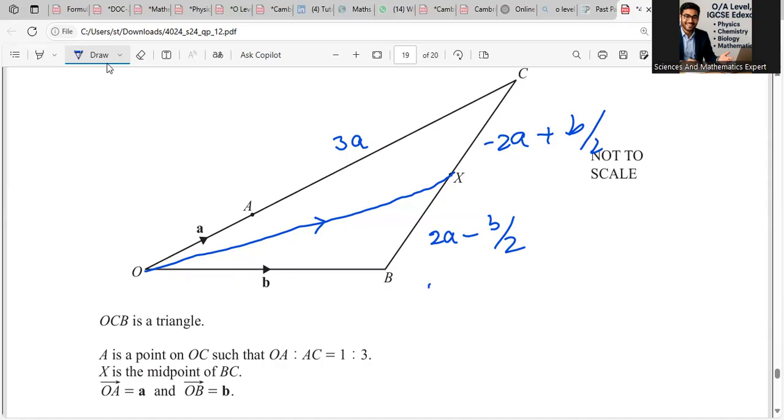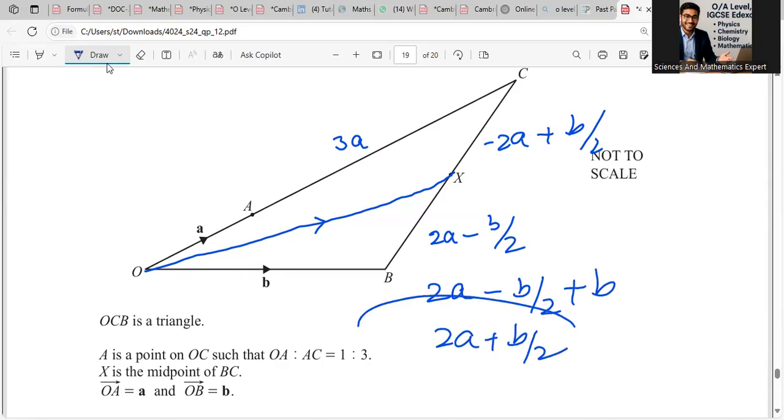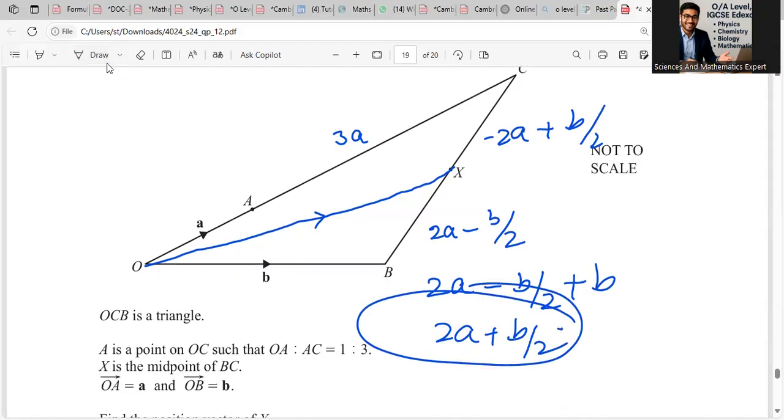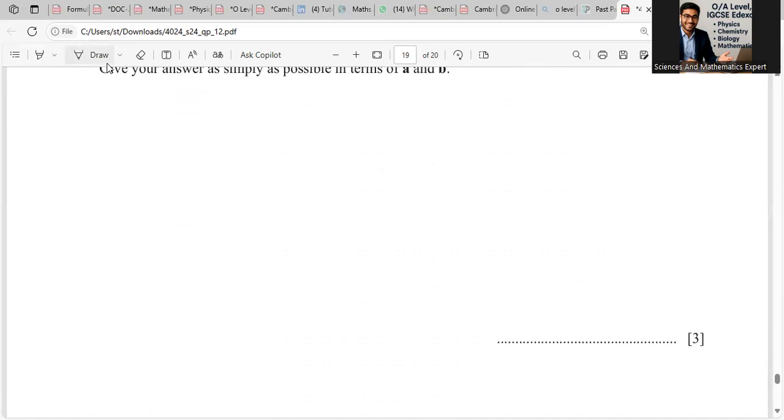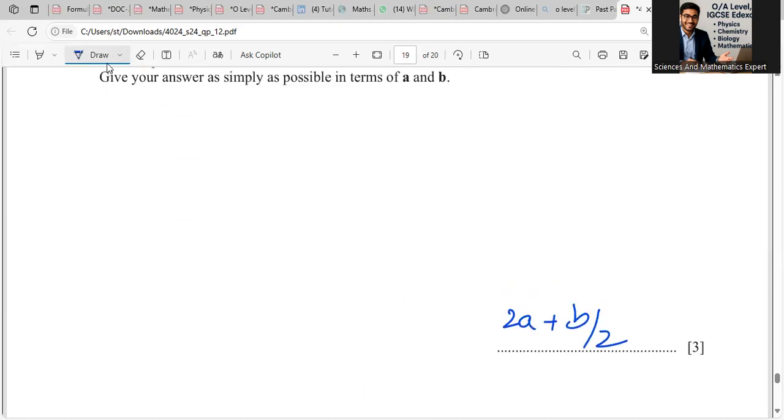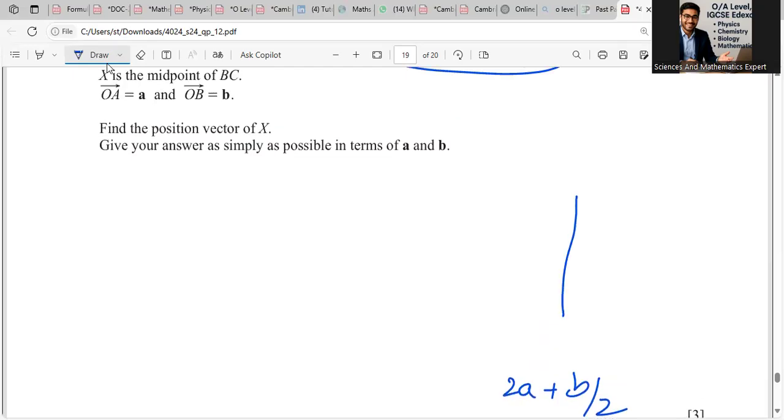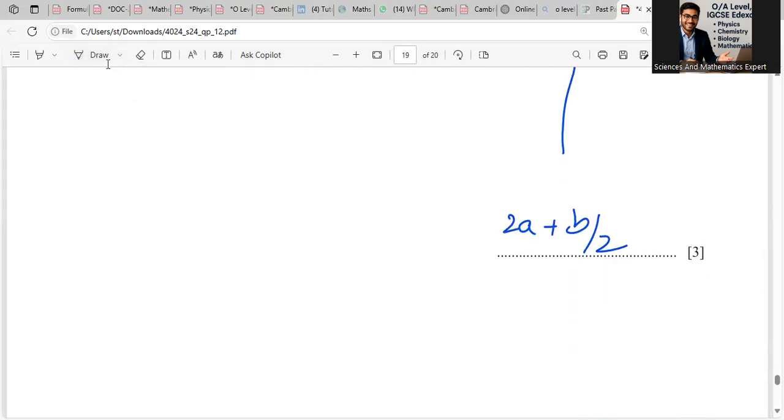Then I will say 2A minus B by 2 plus B will be equal to 2A plus B by 2. 2A plus B by 2 should be taken into account. 2A plus B by 2 as vectors will be taken into account over there.